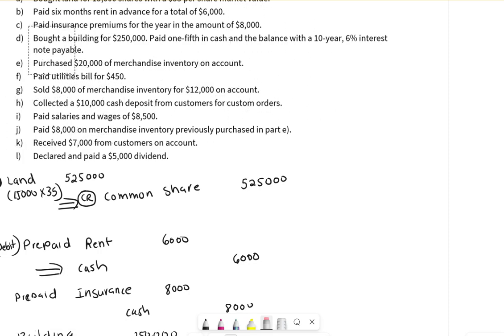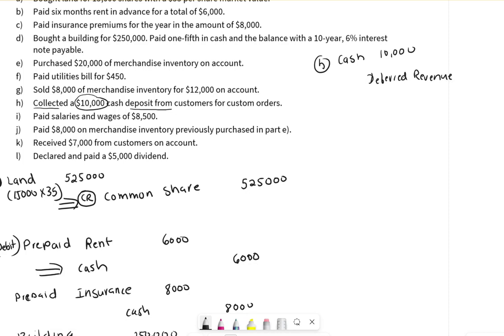It says that we collected $10,000 cash, a deposit from a customer for a custom order. We collected cash. What happened to your cash account? My cash account is going up. It will be a debit of $10,000. So we received something in advance. If you received something in advance, we call it a deferred revenue or an unearned revenue.